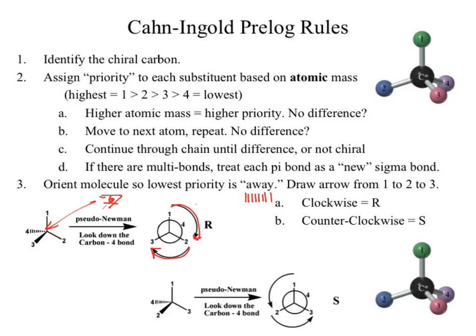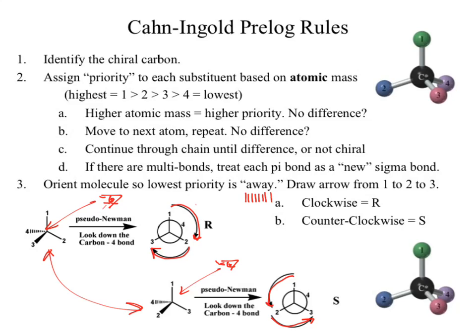What happens if we do a subtle change in our structure? Notice the difference between these two. If we're again viewing our molecule with our sketchy looking eyeball and lashes, what happens when we go through and do that change in view and we look at our Newman projection? 1 to 2, 2 to 3, which direction are we turning? Counterclockwise.